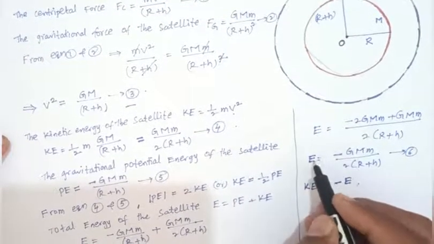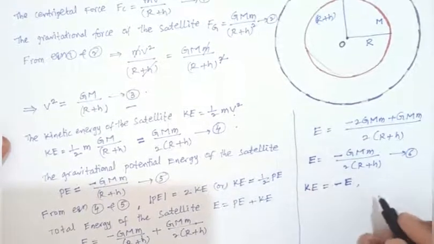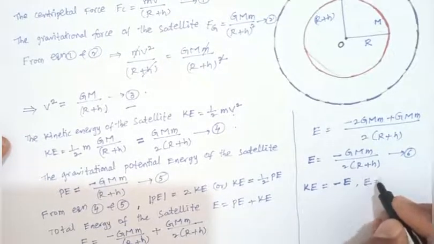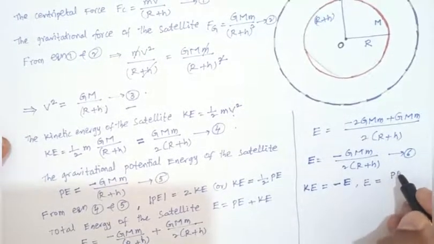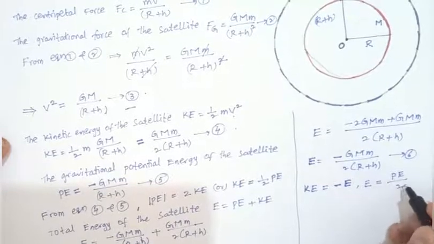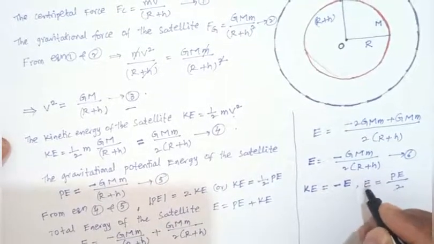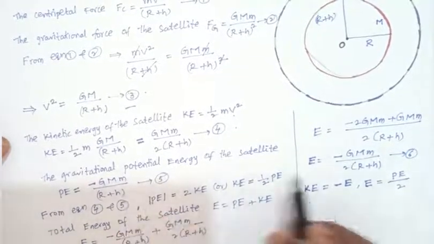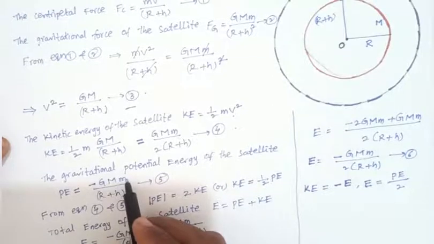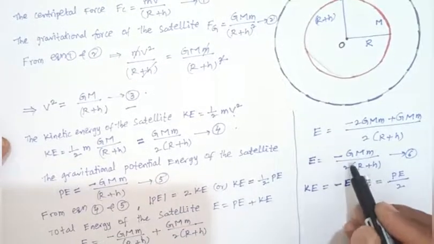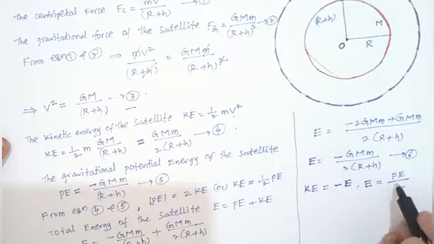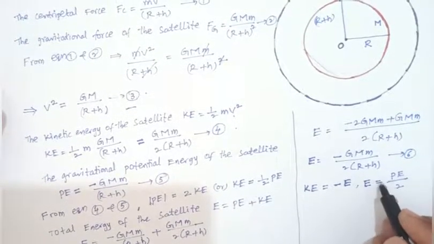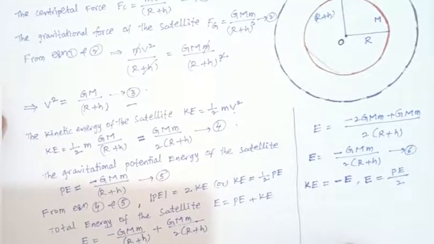But the total energy equals half of the potential energy. What is the potential energy here? GMm by (R plus H). The remaining factor is 1 by 2, so the total energy equals potential energy by 2.